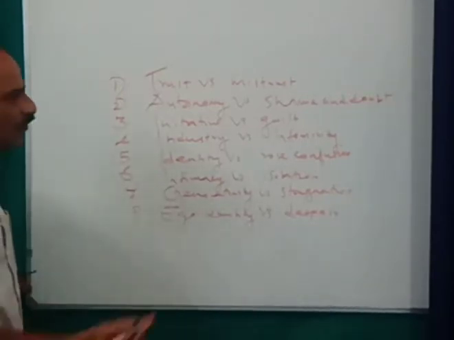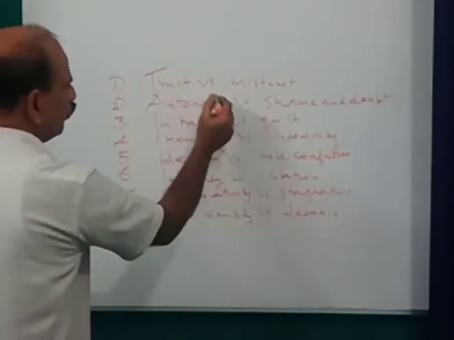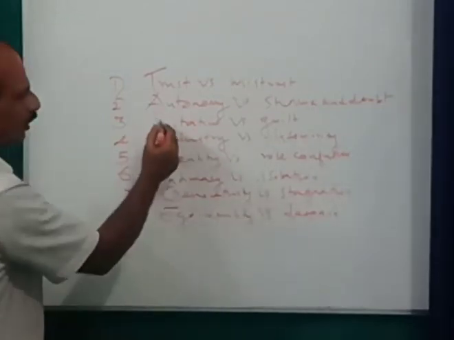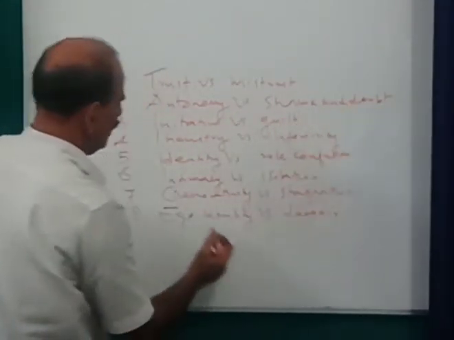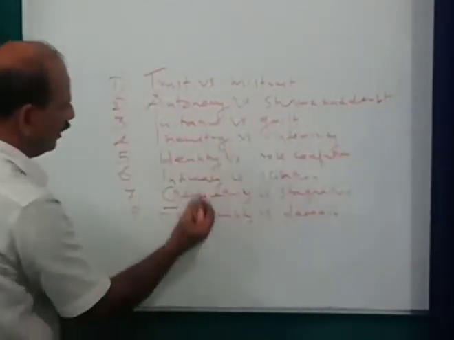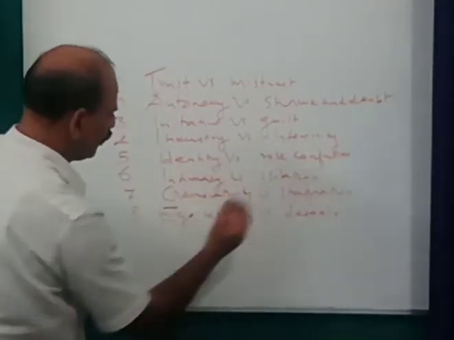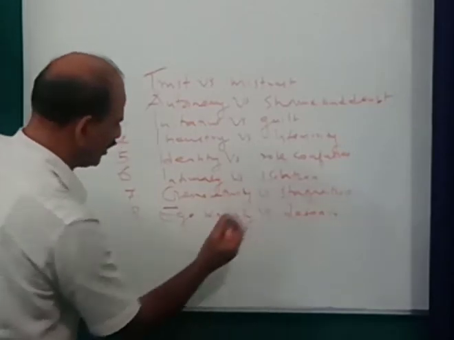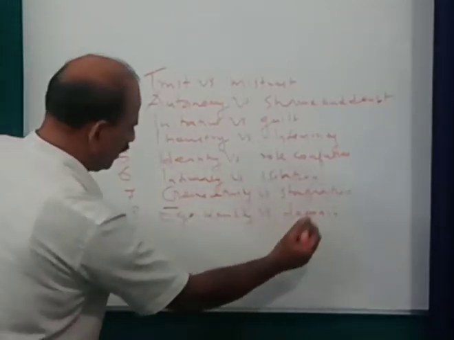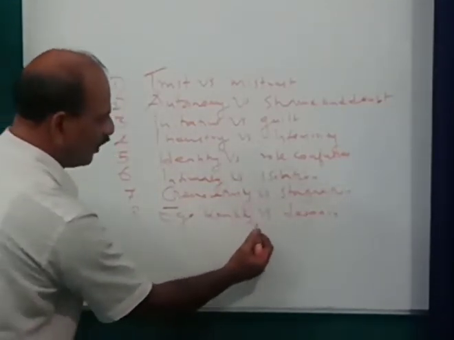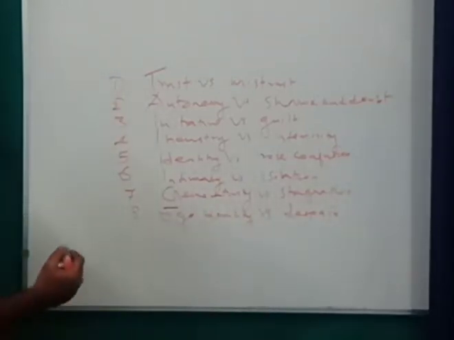I would like to repeat. The first stage is trust versus mistrust, autonomy versus shame and doubt, initiative versus guilt, industry versus inferiority, identity versus role confusion, intimacy versus isolation, generativity versus stagnation, ego identity versus despair.